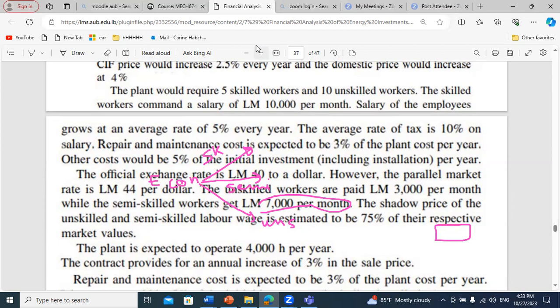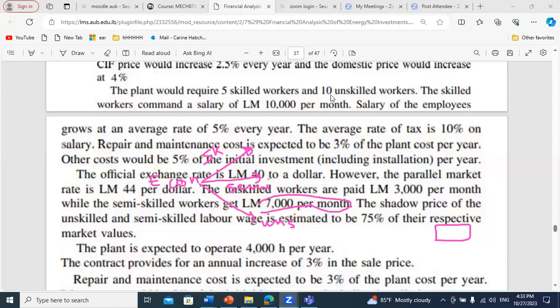In this problem, they didn't differentiate between semi-skilled and unskilled because the percentage of reduction is exactly the same. The percentage of reduction is 25%, so we multiply the salary by 75%. Because the percentage that we multiply with is the same, they didn't differentiate between semi-skilled and unskilled.